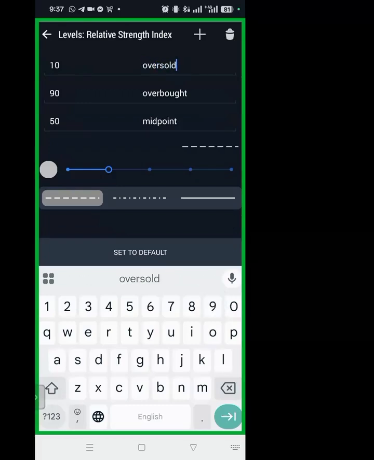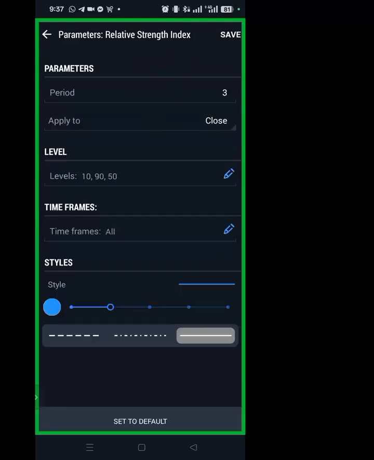And then I decided to use 10 as oversold. Why did I choose 10? Because I adjusted the period from 14, which is default, to 3. I have reduced it. That means it will show me the volatility and it will be very fast. Because it's a very volatile market. It's not a slow motion market. So I need a period that is very fast with the market.